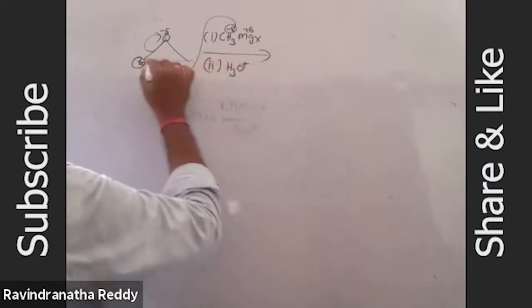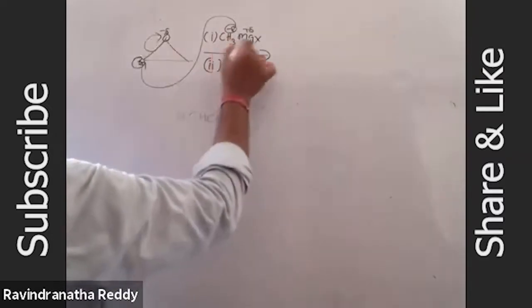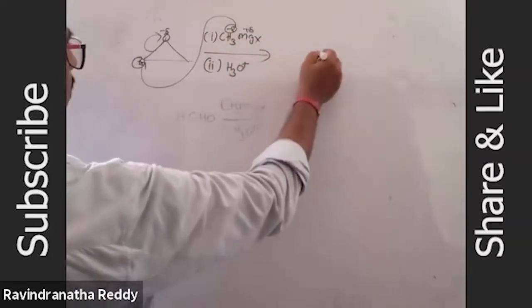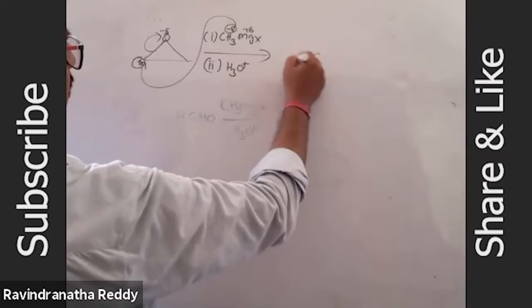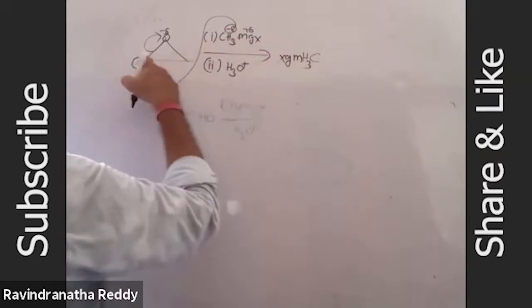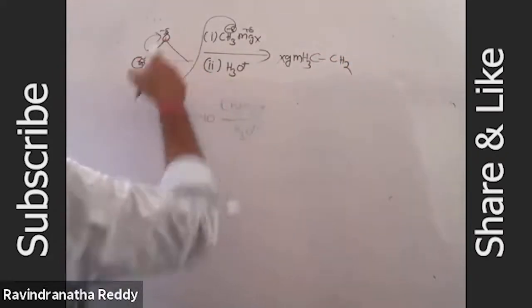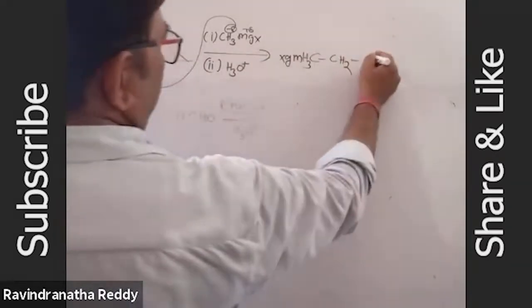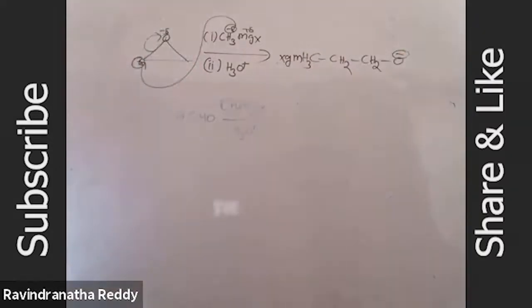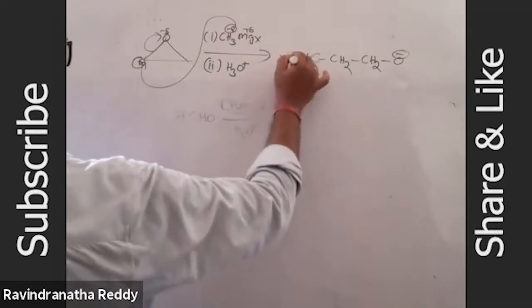So CH3MgX attaches at this CH2 place, next to CH2 O minus, with MgX.